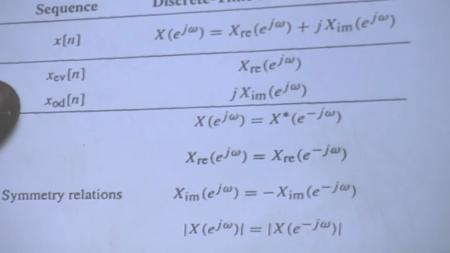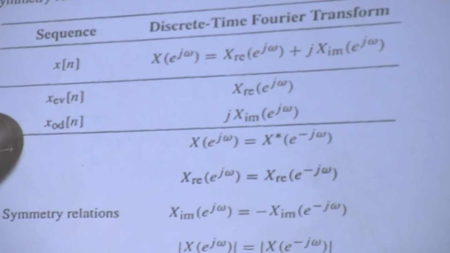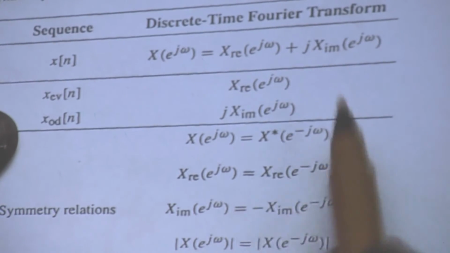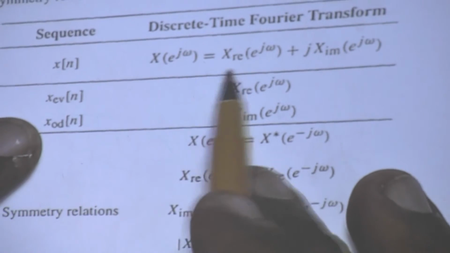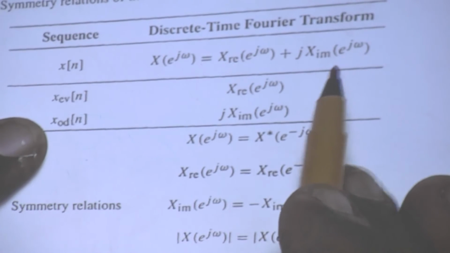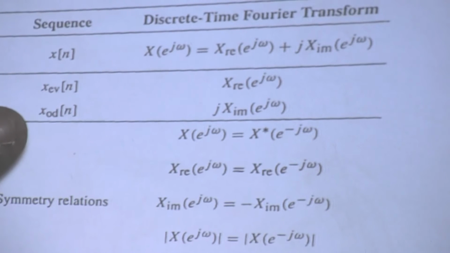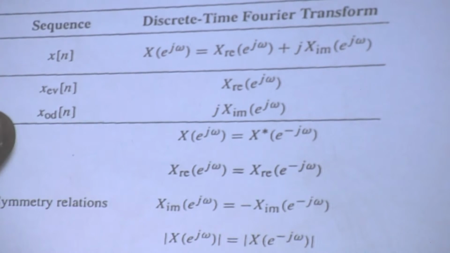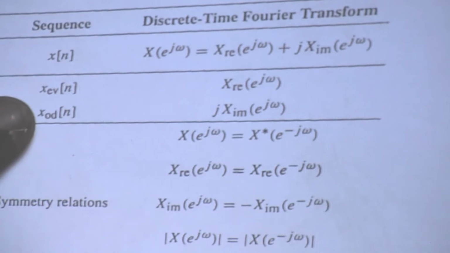For this x[n], the Fourier transform is X of e to the power j omega. X of e to the power j omega is going to be complex, which will have a real part and an imaginary part, which is written in this form. Now x_EVN denotes the even part of the sequence.